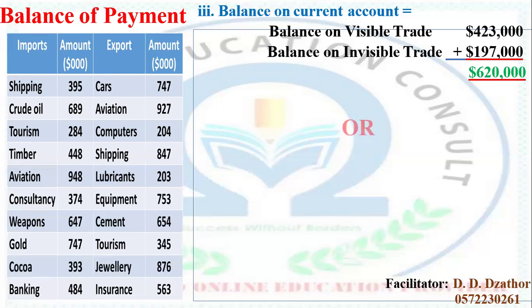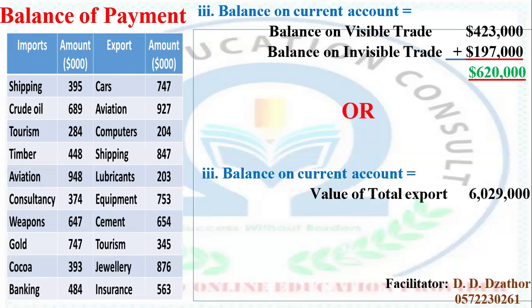Now, the other way to also find balance on current account is to find the total monetary value of exported products, okay, and then subtracting it from the total monetary value of imported products. That is another way you can get your balance on current accounts.